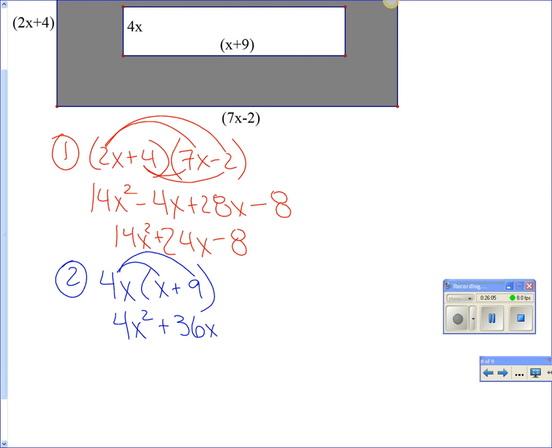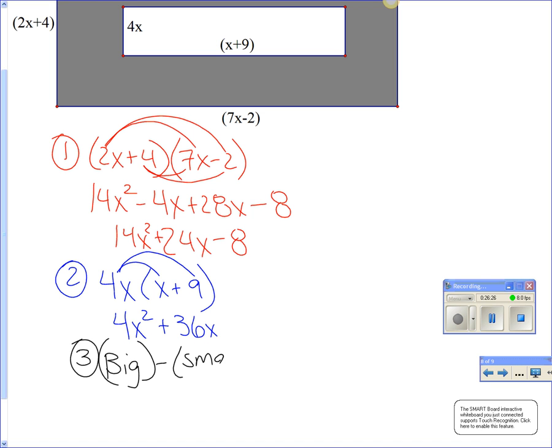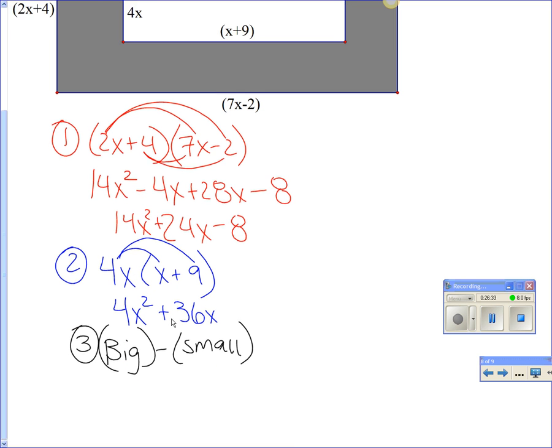Okay. All right, so that's it. All right, now we're ready for step 3. Okay. Dylan, what is step 3? Okay. All right, Ethan G, what goes in the parentheses for the big box?